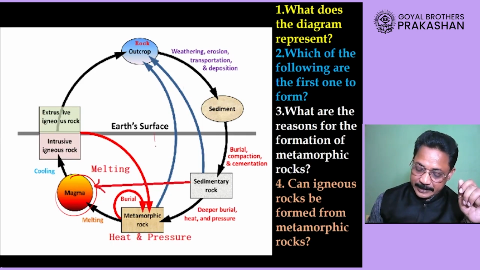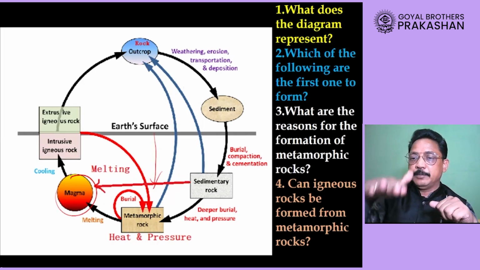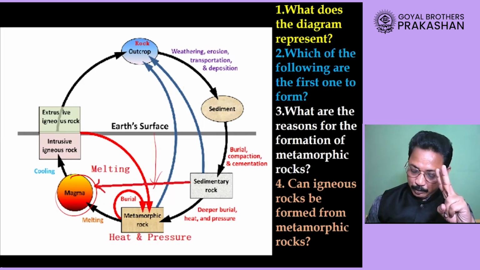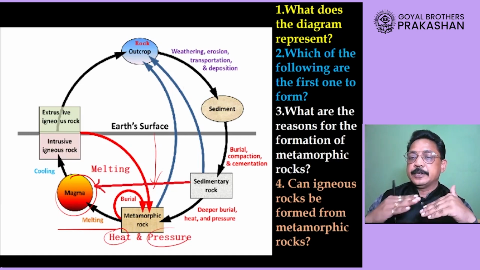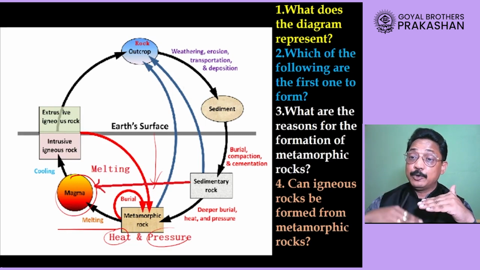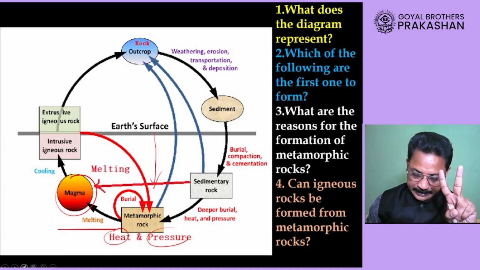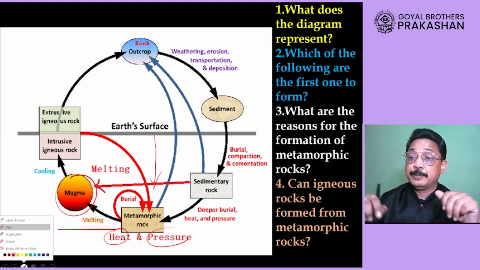Reason number 1, they are getting buried under the surface of the earth. That means pressure of the upper layers. Reason number 2, there is heat that is supplied by the magma, which is present below the surface of the earth. So there are two reasons. One is the heat and second reason is pressure.